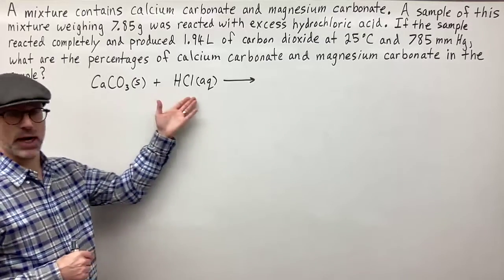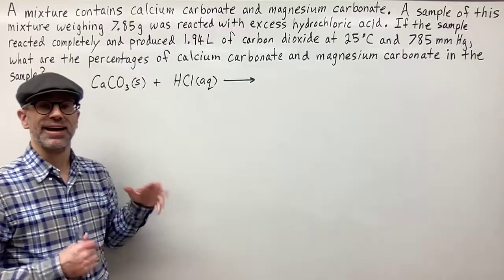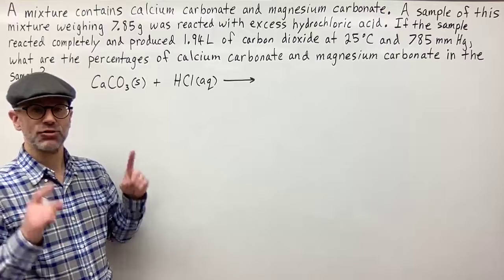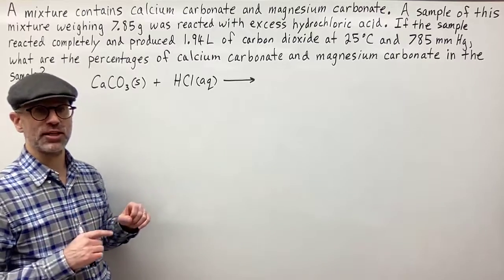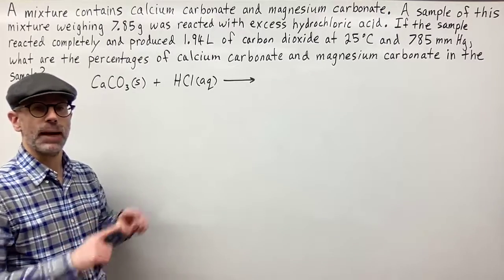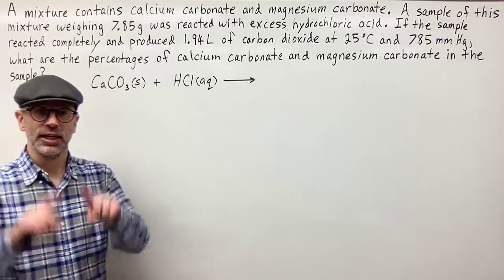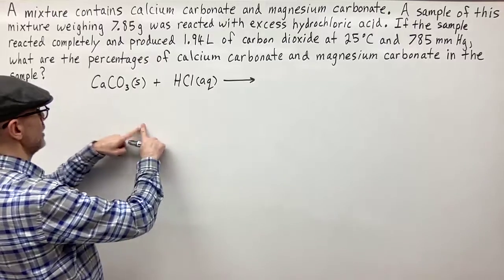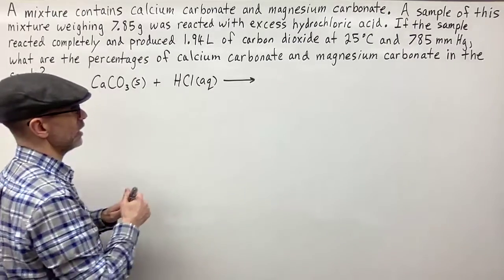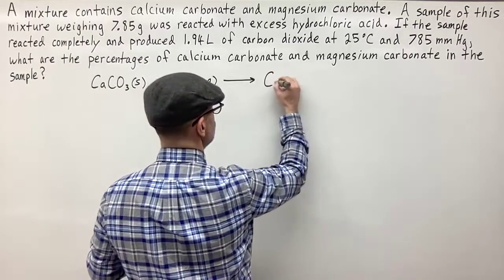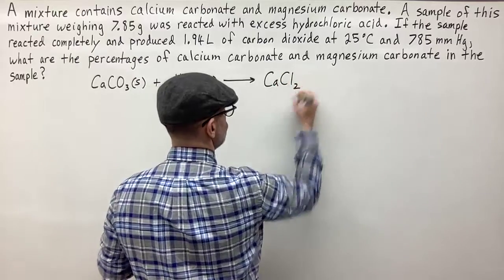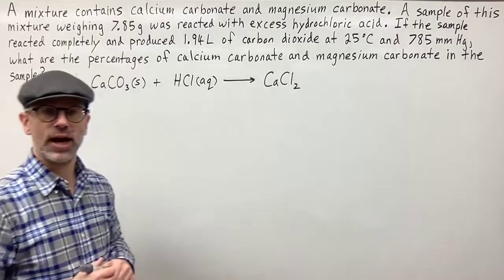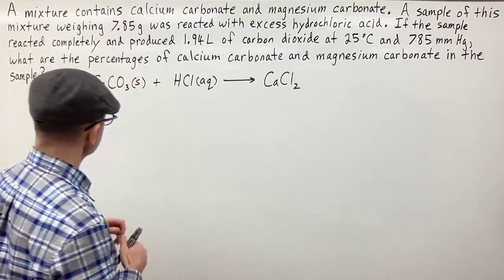So we have two compounds, both are ionic, and that's usually a dead giveaway that you have a double displacement reaction. And as you know, with any double displacement reaction, you can predict the products by putting the outside ions together and then the inside ions together. So here we put the outside ions together. Ca with Cl gives us CaCl2, because calcium has a 2 plus charge and chloride has a 1 minus charge.